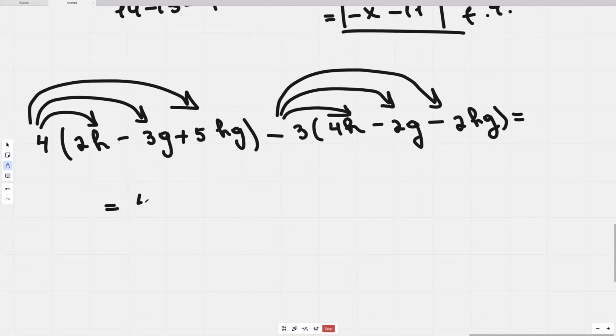So 4 multiplied by 2h, minus 4 multiplied by 3g, and plus 4 multiplied by 5hg.